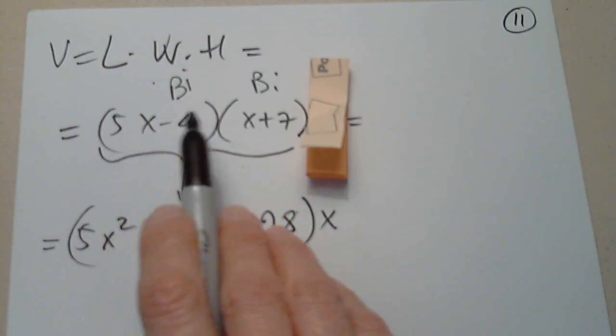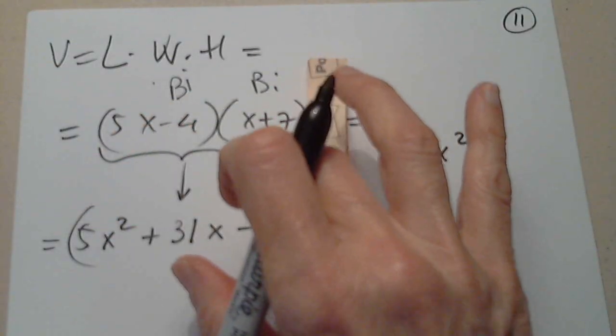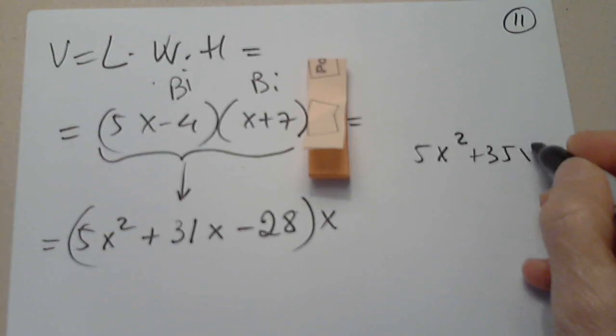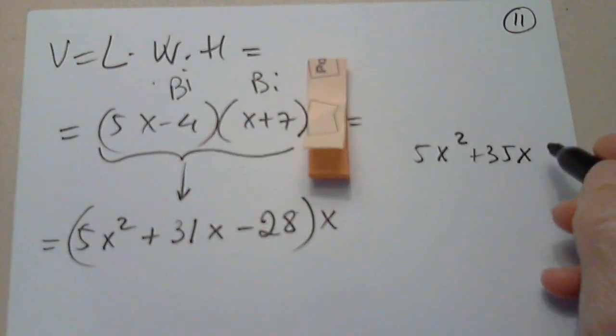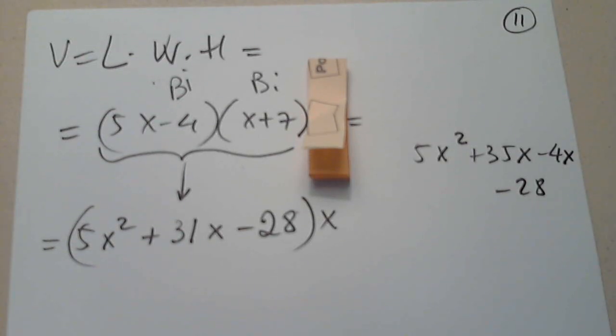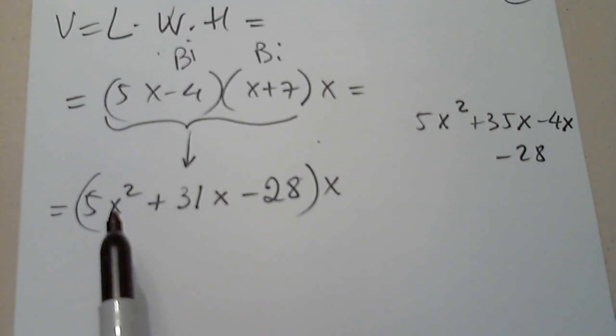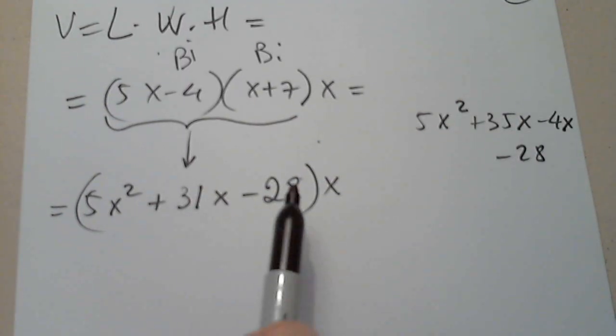So 5x times x is 5x squared. 5x times 7 is 35x. Negative 4 times x is negative 4x. I had a positive. Sorry. That's okay. Transcribed wrong. That's okay. So 5x squared plus 31x minus 28.